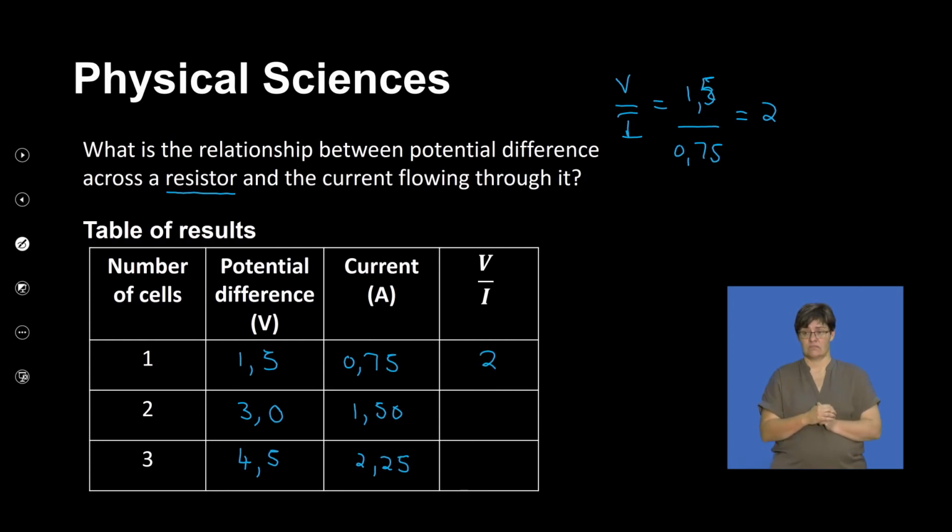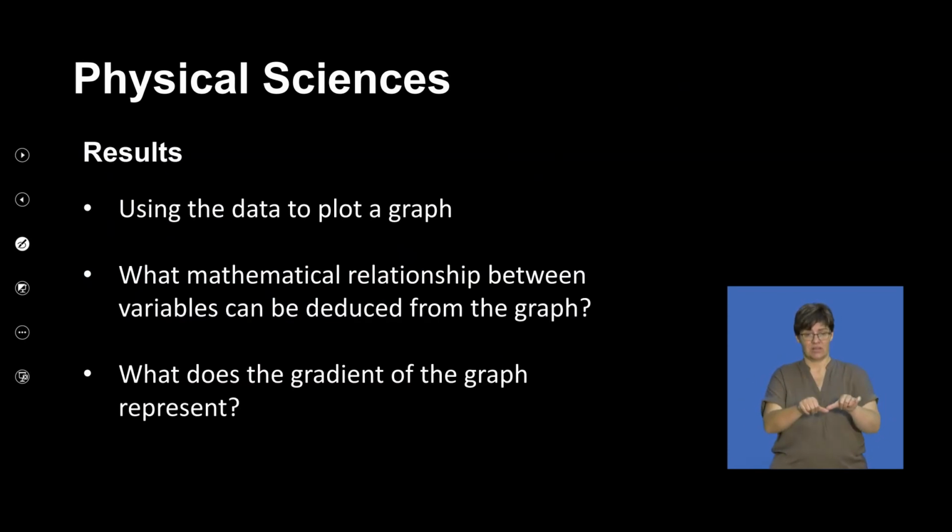The same goes for 3 versus 1.5, and 4.5 versus 2.25. So you see that the ratio of potential difference to current remains the same. If we were to tabulate these results and plot a graph, it will give us an indication of the relationship that exists between potential difference and current through a resistor.